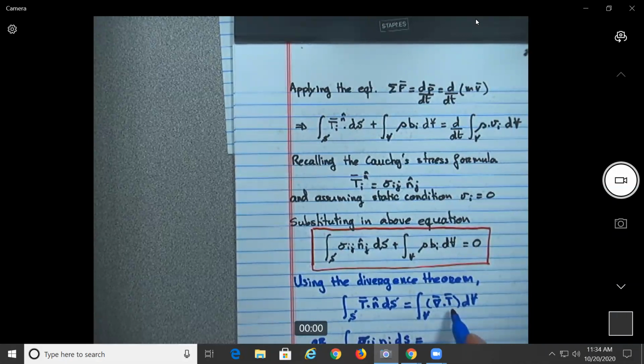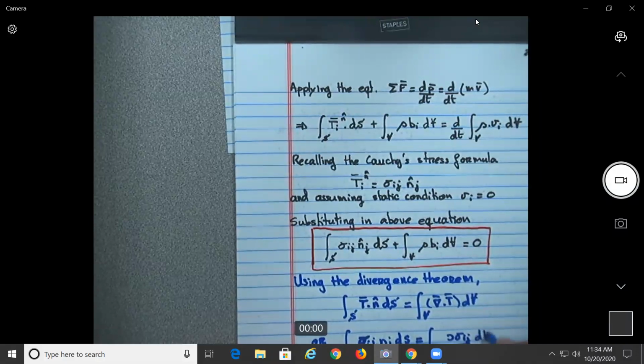So this is, okay, and this one you can rewrite it as a volume integral, the partial of sigma_ij over partial x_j dV.